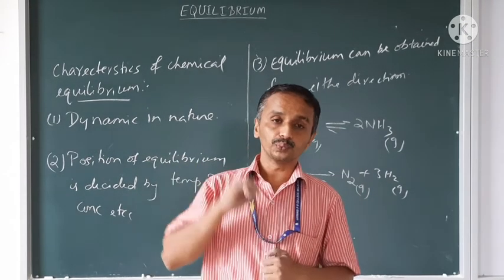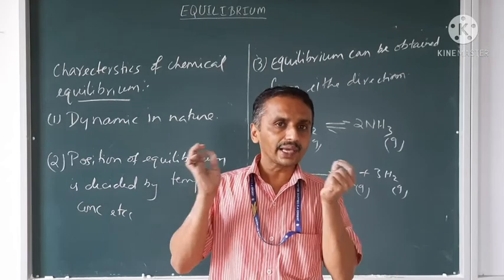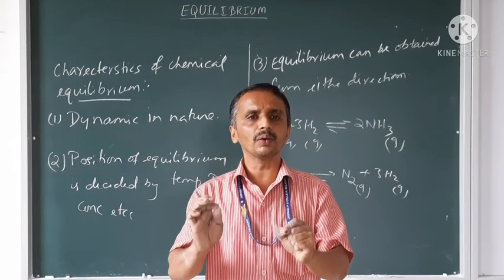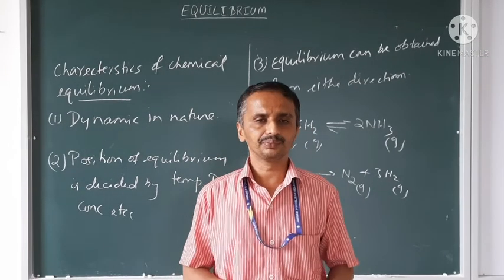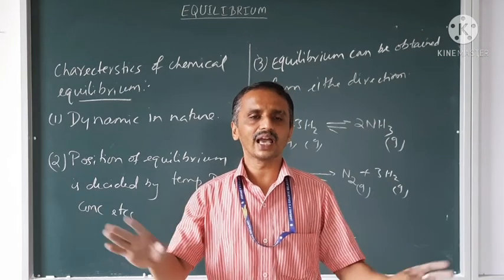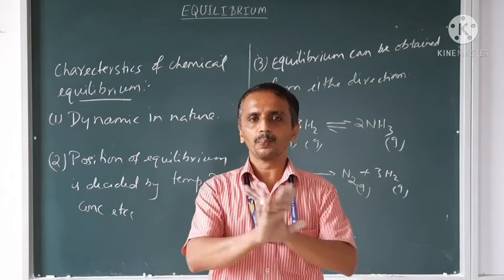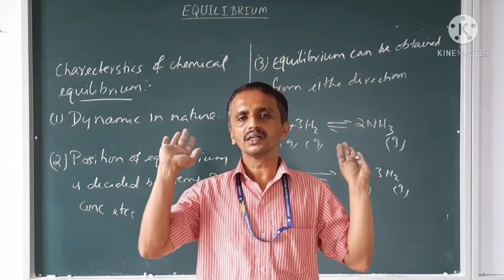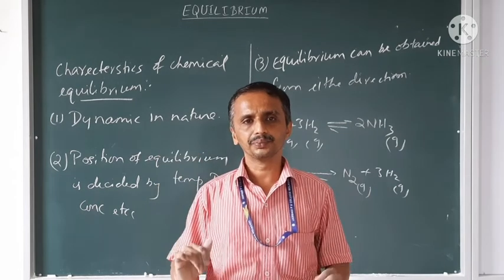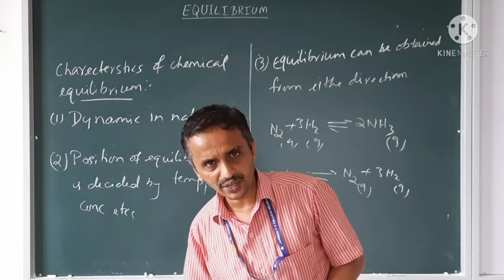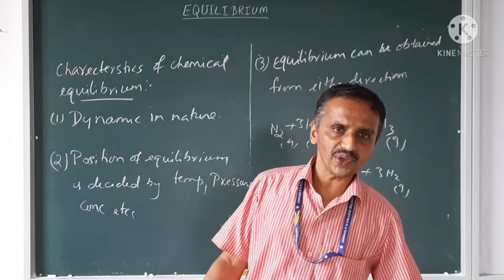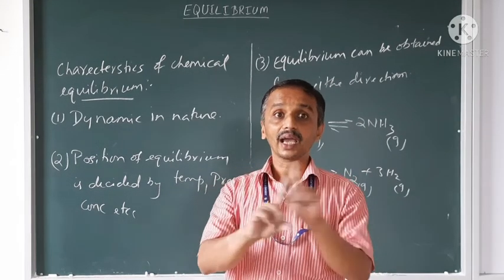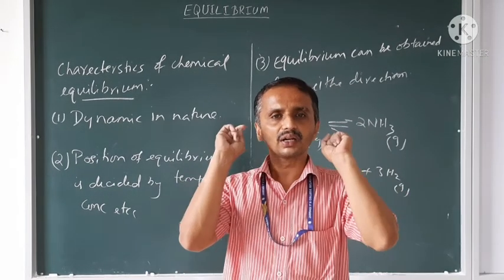What they can do is help the reaction to reach the equilibrium in a quicker time or lesser time. That only they do. But a catalyst never affects the equilibrium. Temperature will affect, pressure will affect, concentration will affect, but the catalyst will not.